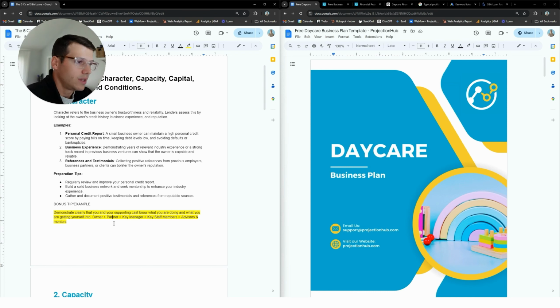And so I did this little, not flow chart, but this hierarchy here of explaining that, right? So first, the most important thing for you, the owner, talk about what experience or transferable, applicable, relevant skills you have for, let's say, starting a daycare, right?